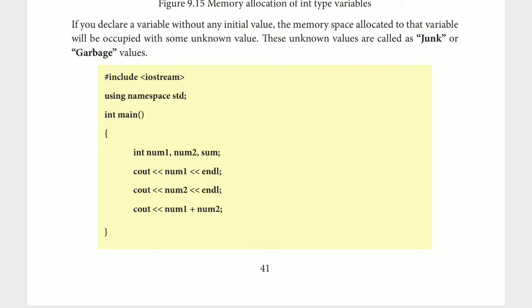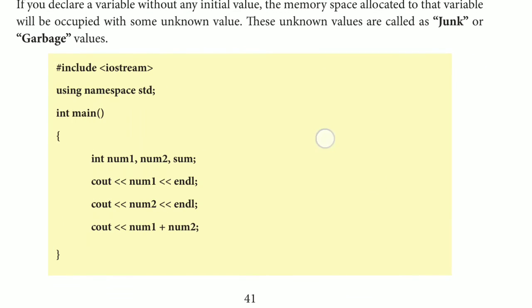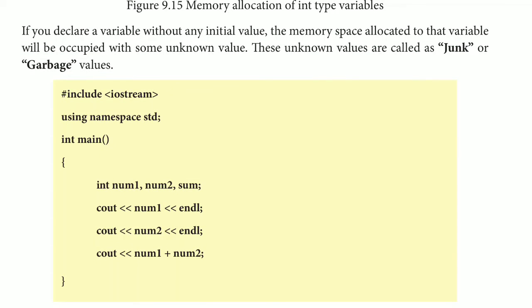Next you can see a different term known as junk or garbage collection. After completion of the program, that memory will be reallocated to work with the next program. That is known as garbage collection.